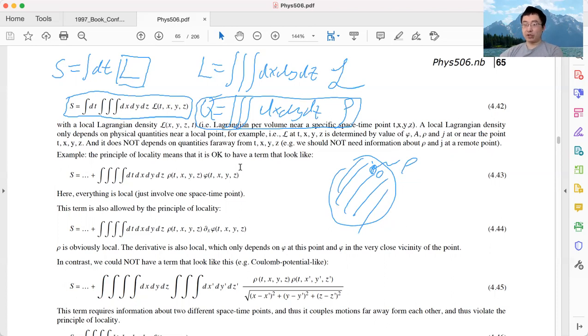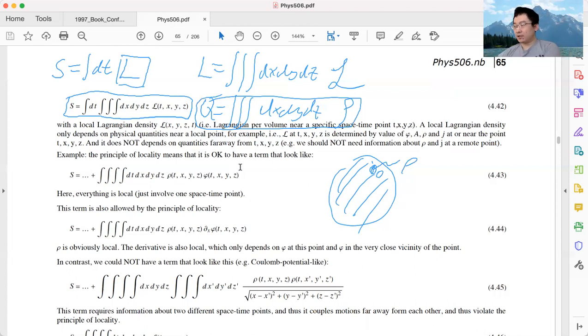So here for the Lagrangian, it's exactly the same story. The principle of locality tells me if I want to know the Lagrangian of my entire system, what I can do is look at each small area. For each small area, I can define a Lagrangian density of this small area. If I want to know the Lagrangian of the entire system, I just need to integrate the Lagrangian density of each small area together.